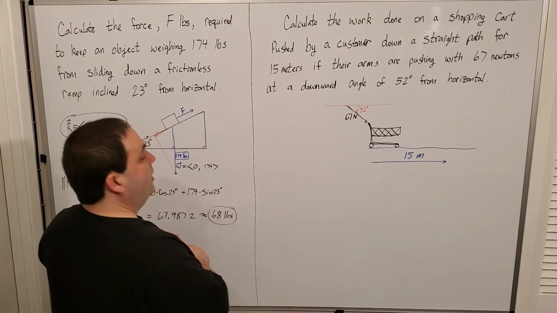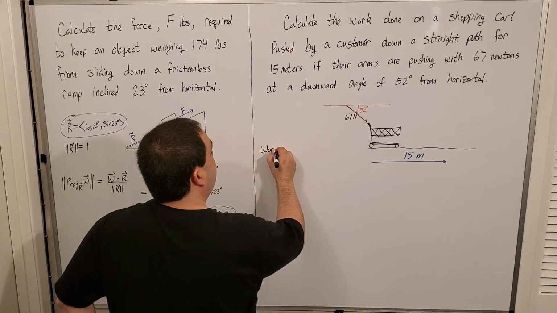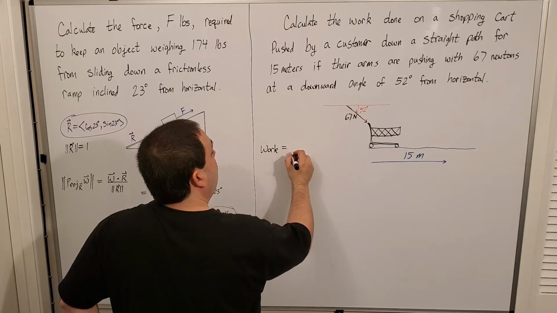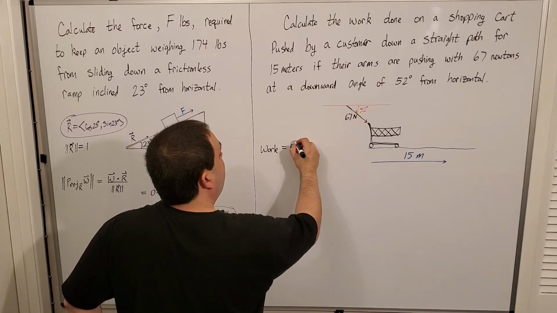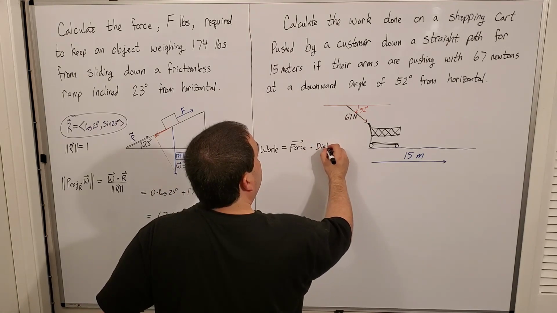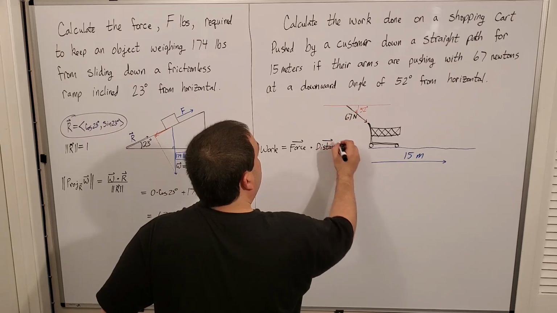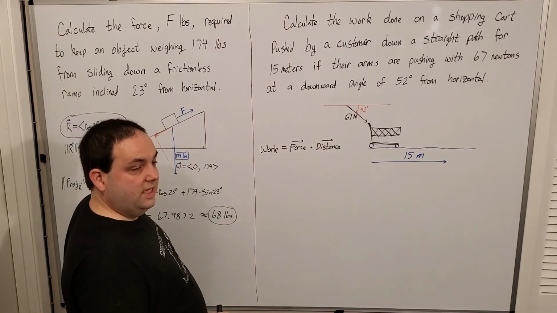So there's a few different ways that you can look at this, a few different formulas you could talk about. But essentially, work is going to be force vector dotted with a distance vector. Anybody who's taken physics seem to remember work is force times distance, right?